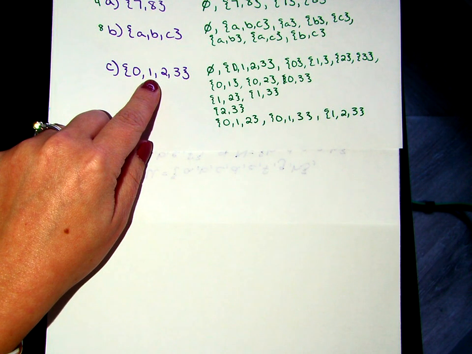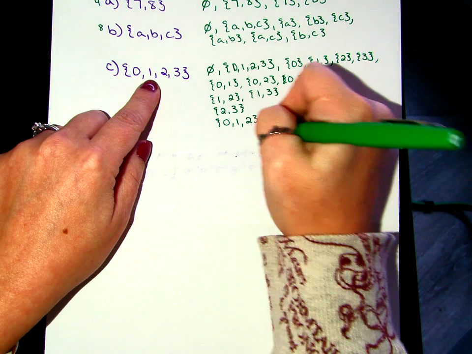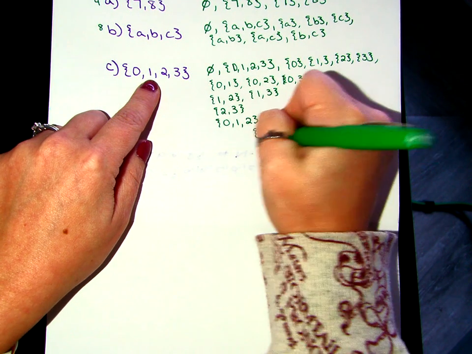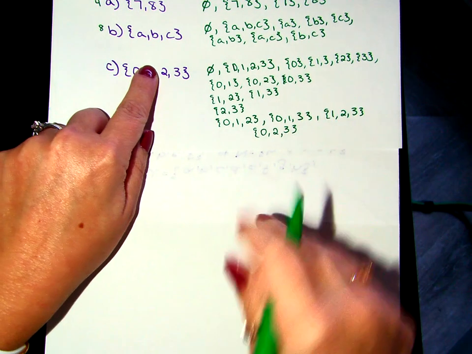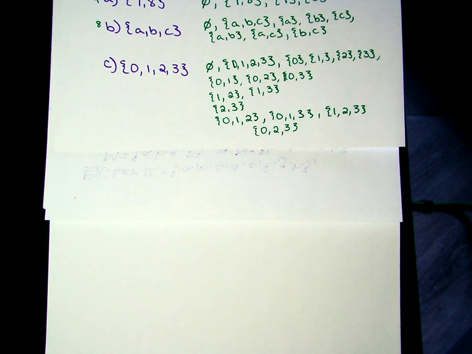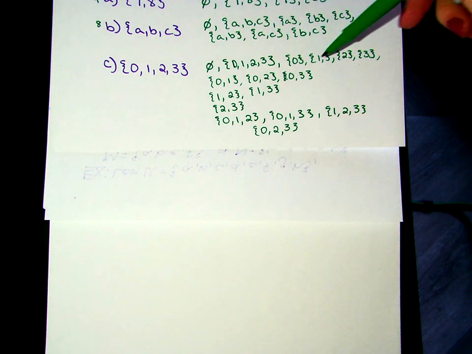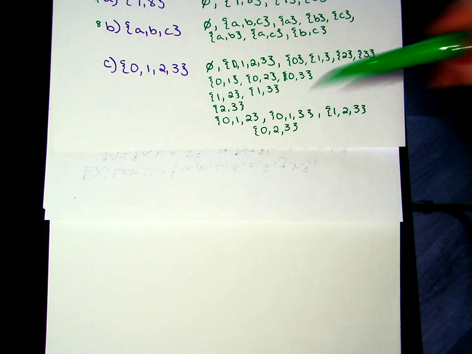And then all of those contain the number 1, so I could have 0, 2, 3. And I think that's all of them. 1, 2, 3, 4, 5, 6, 7, 8, 9, 10, 11, 12, 13, 14, 15, 16. Yep, that's all of them.